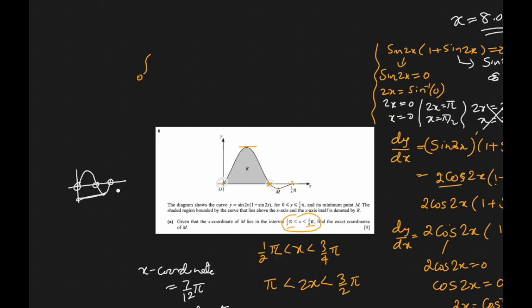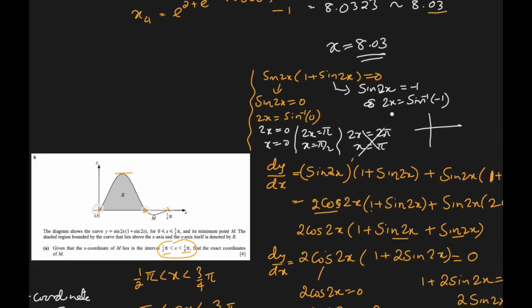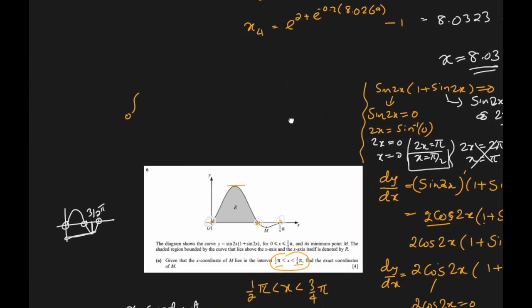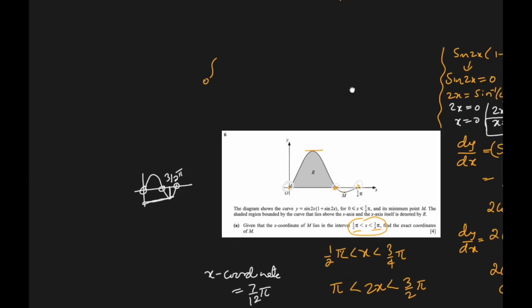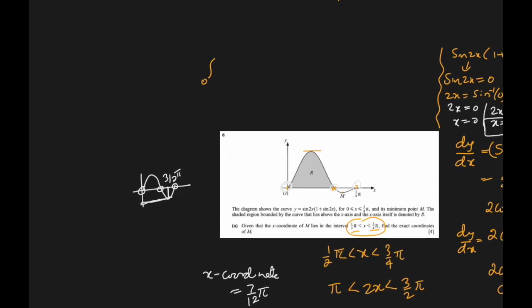That is 3 over 2 pi. And if I put 2x equal to 3 over 2 pi, I get x equal to 3 over 4 pi. Got it. Then definitely the second point I got was x equal to pi by 2, and for the integration I was about to carry out, I got my second limit, pi by 2.